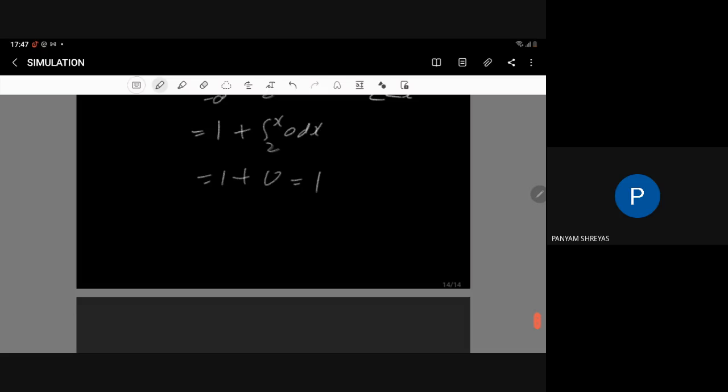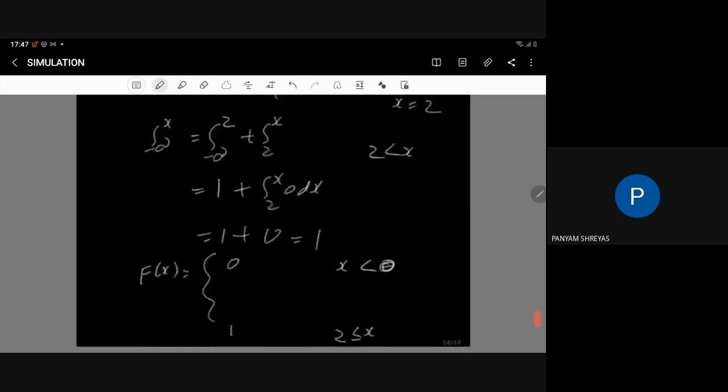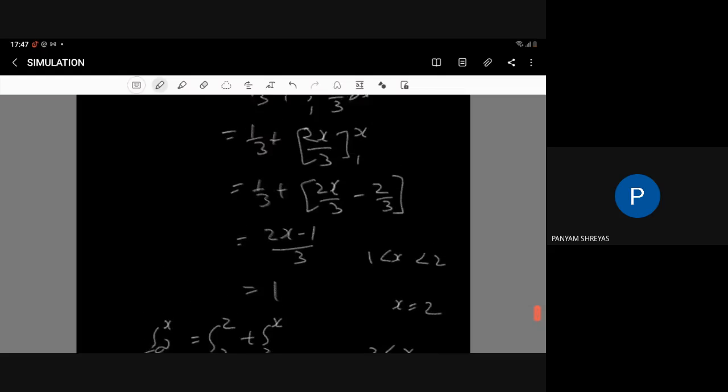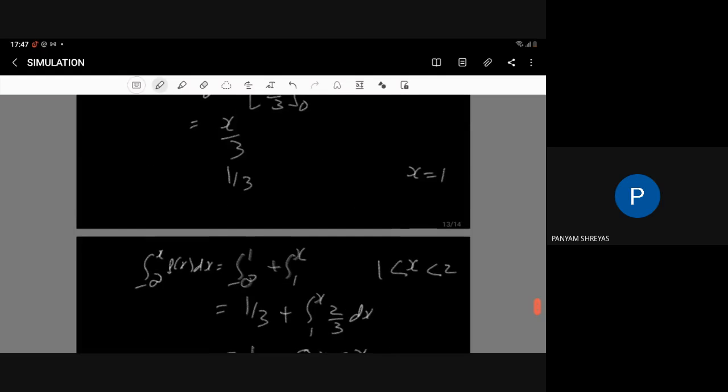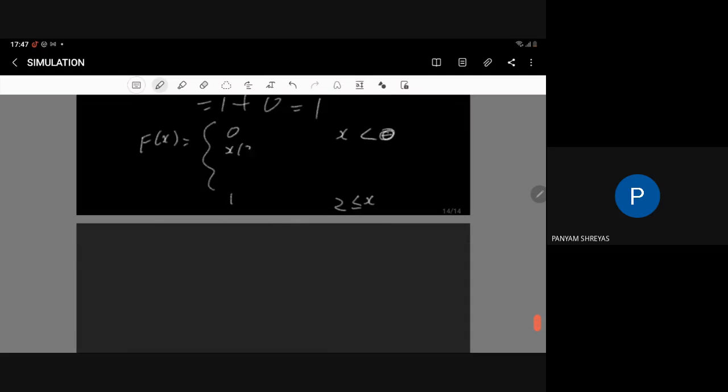So from here, if I want to write the Fx in proper form, it is 0 for x less than 0, for x greater than 2 it is 1, and the intermediate values are x by 3 for x from 0 to 1, and 2x minus 1 by 3 for x from 1 to 2.